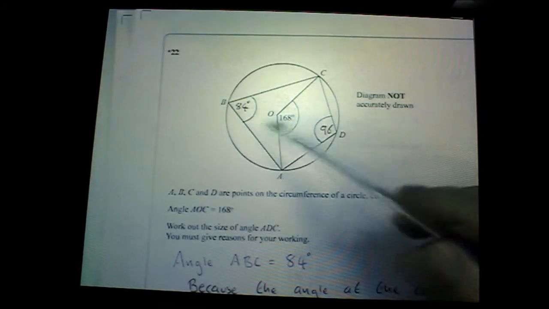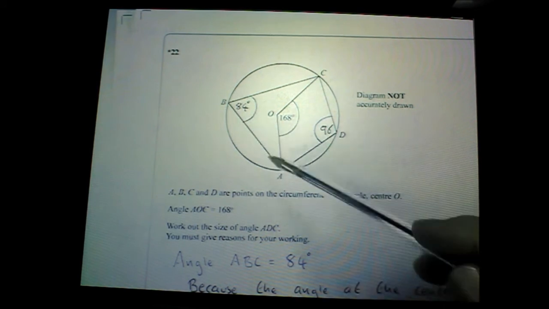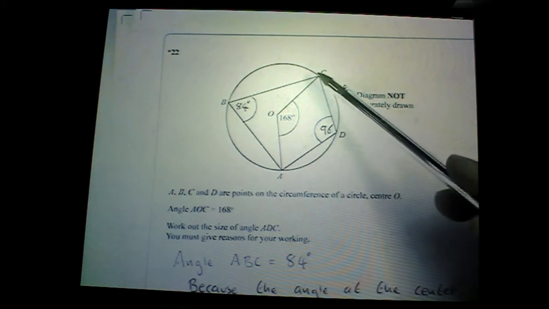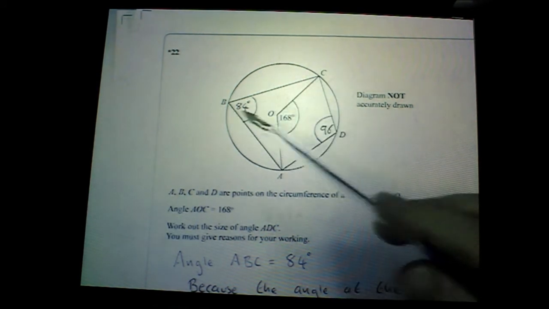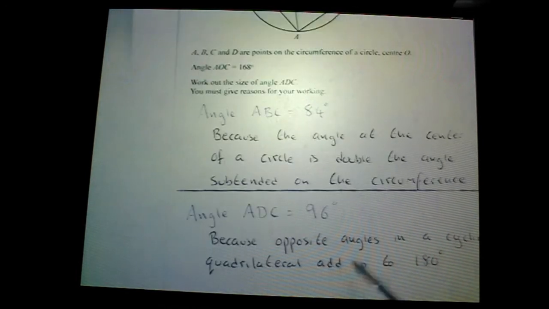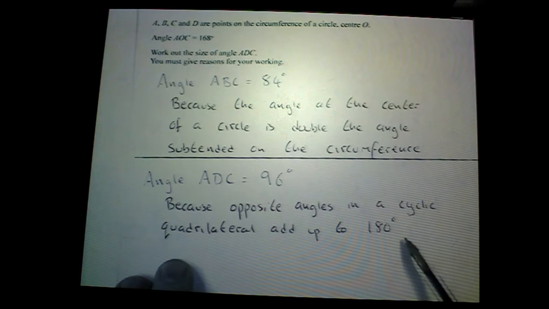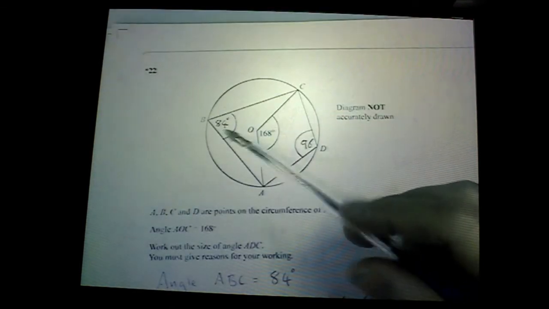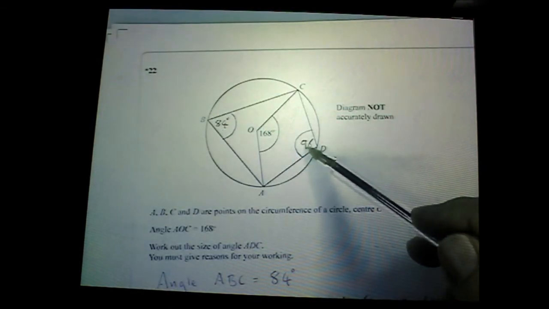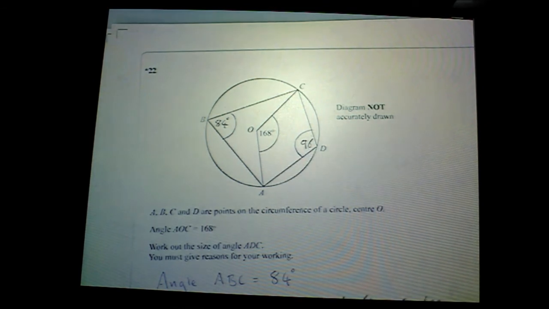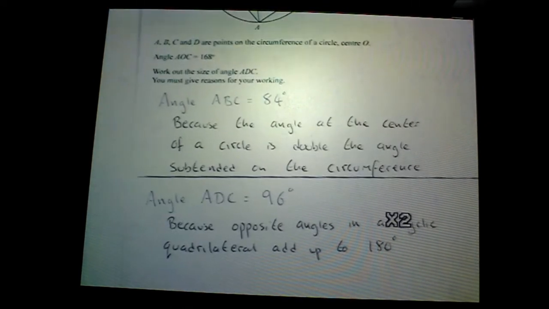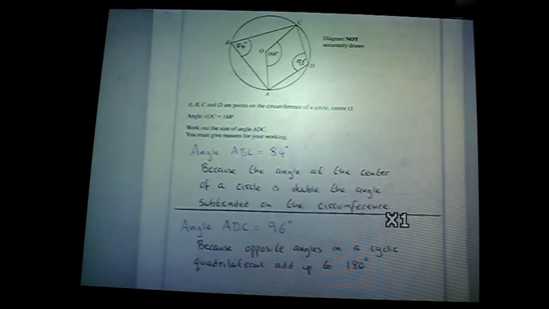Once you know that one, you need to spot that there's a quadrilateral inside the circle here. And you also need to know that opposite angles in a cyclic quadrilateral add up to 180 degrees. So that, add that, must make 180, so that's why that one is 96. I'll put my explanations there, so you can pause it and have a quick read, should you wish.